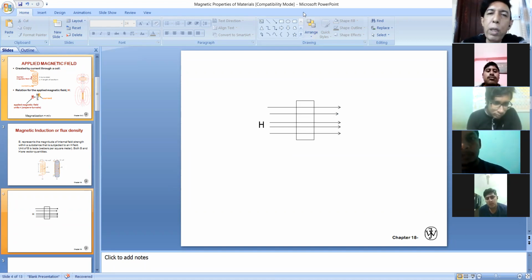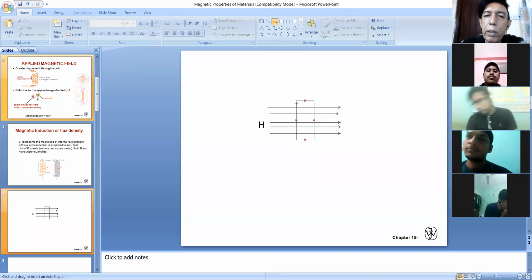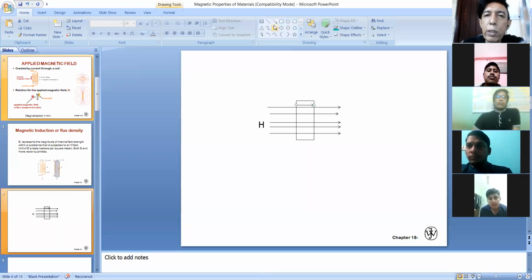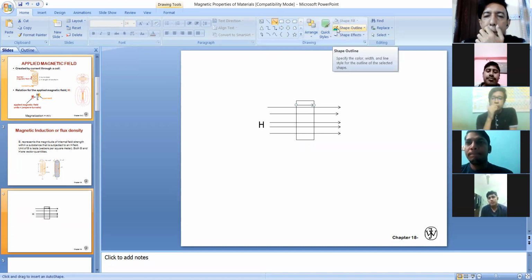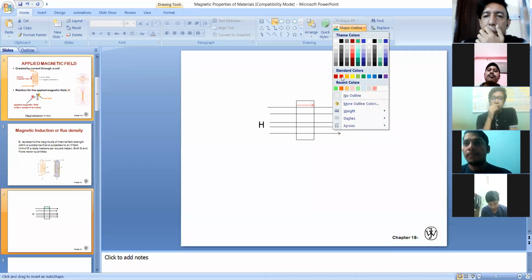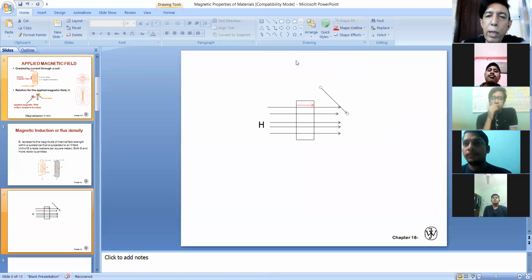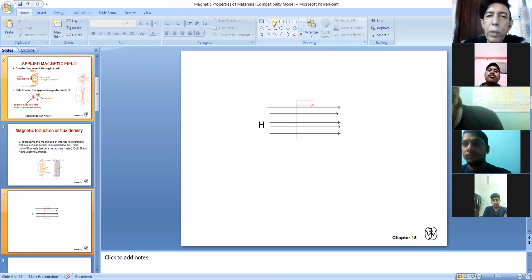Say, for example, these red lines are its own lines of forces.